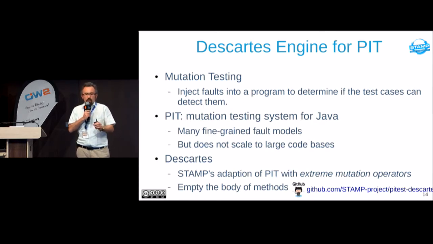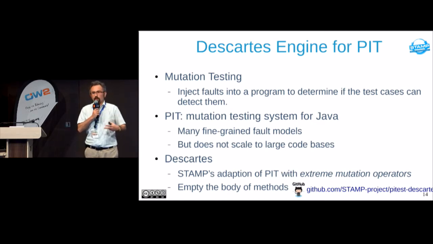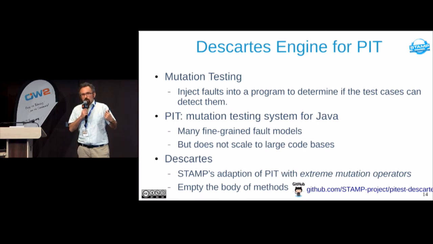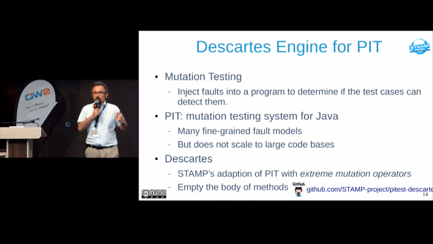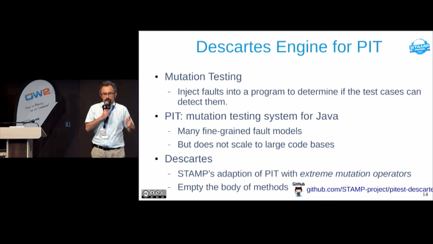That's fine-grained. This is great, but it doesn't apply to large code bases because for each greater than, you get more than one version. And you pass it to the amplifier, so you've got a huge set of tests.